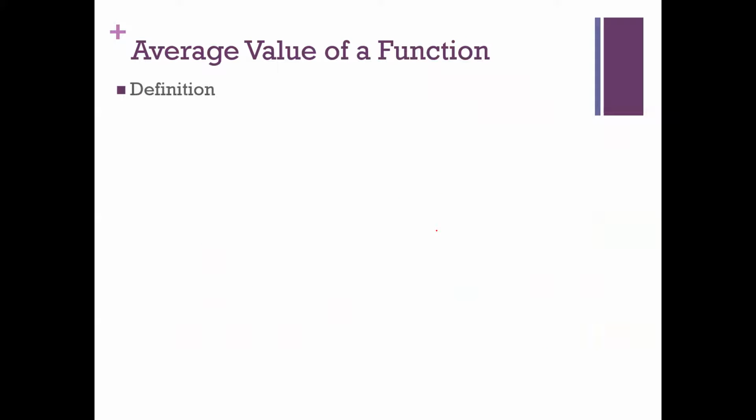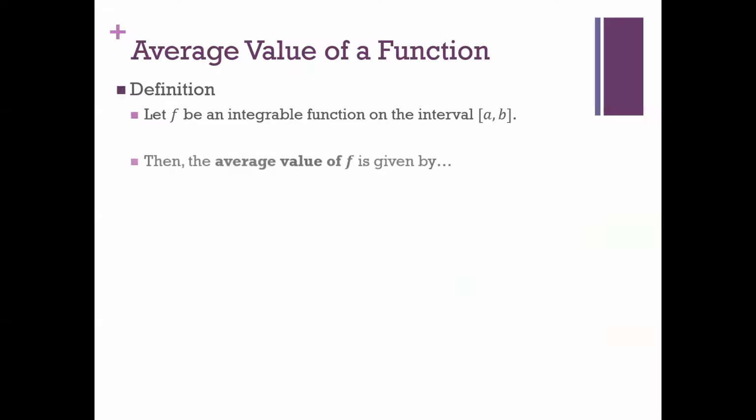So let's define this a little more tightly. If you have some integrable function, which everything I just showed you was integrable, if you have some function whose integral exists on the interval a to b, then your average value of f is given by this thing here, which is essentially what we did. This part right here, graphically speaking, what is that integral going to give you?